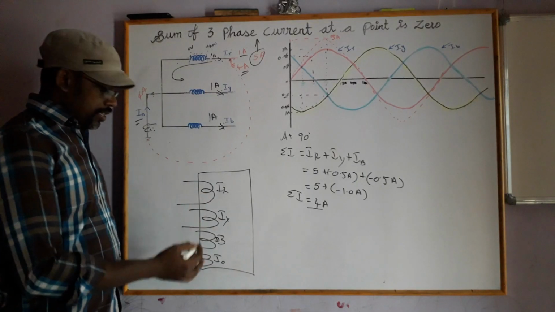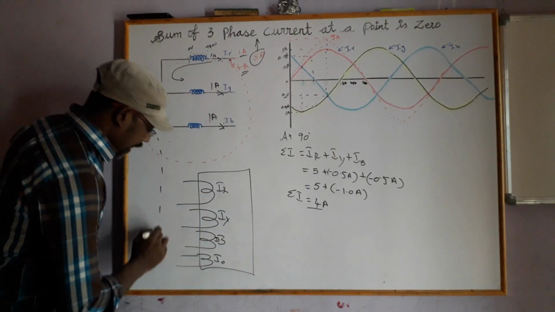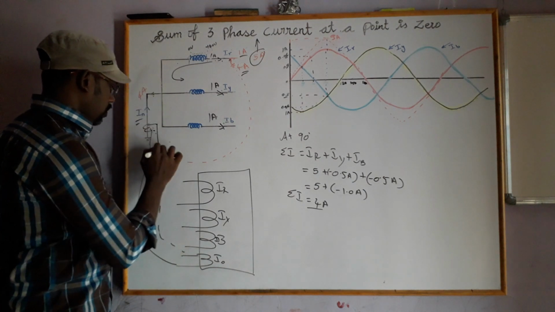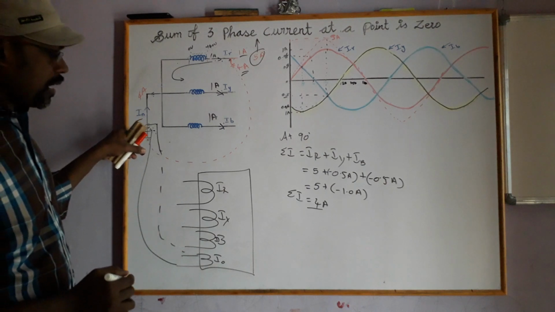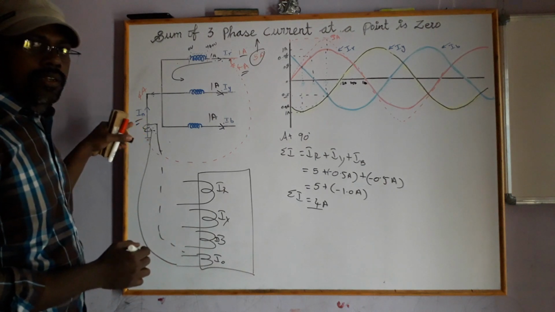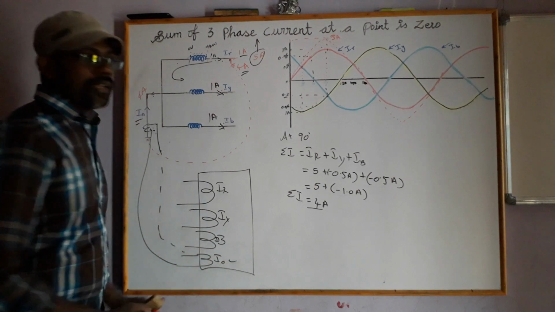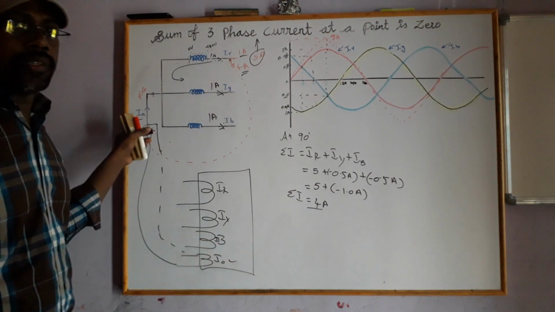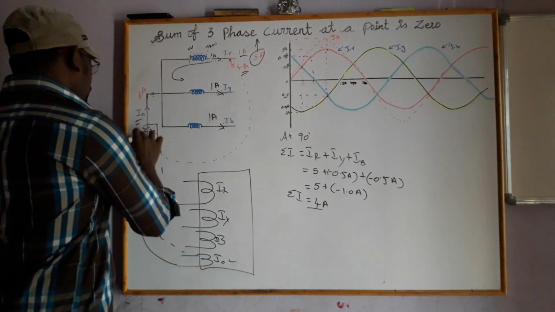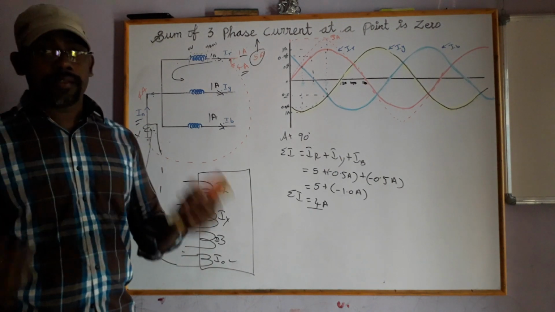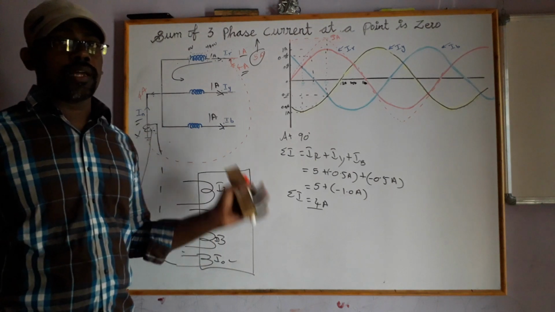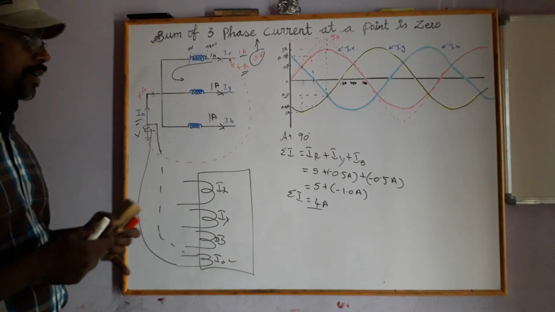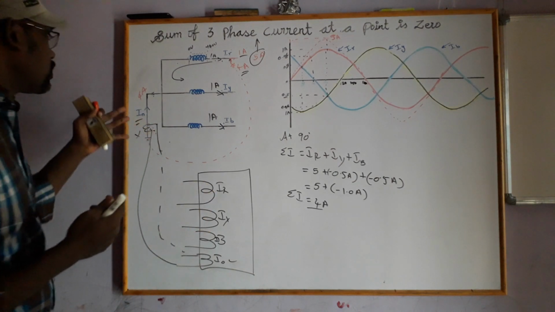If you have an RCT core, then you can connect directly here, and the relay will take the neutral current directly from the CT. If you are not having any RCT, for example in a transmission line, or some places where we may not have this RCT, in that condition, how will the relay detect this neutral current?